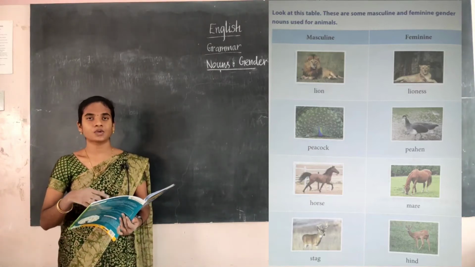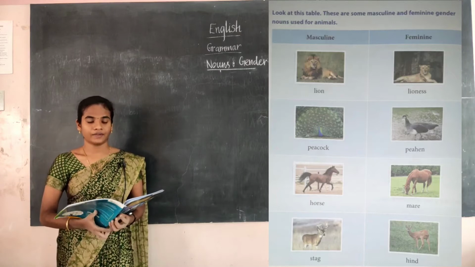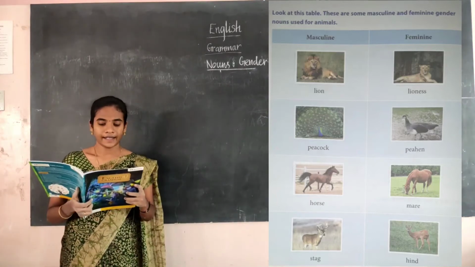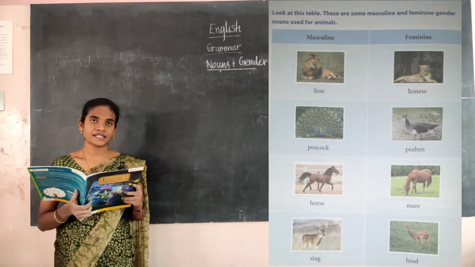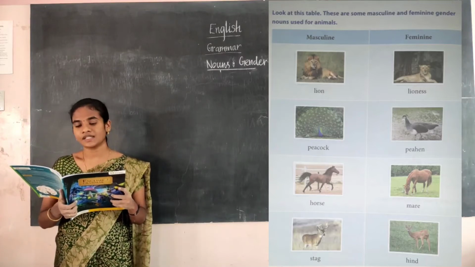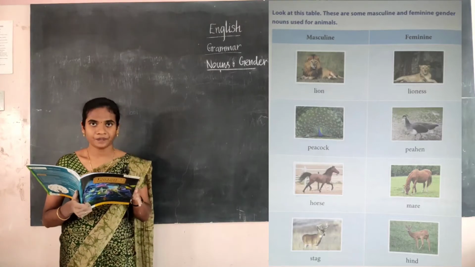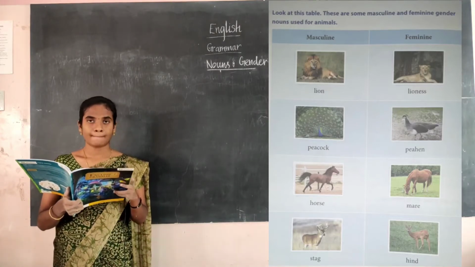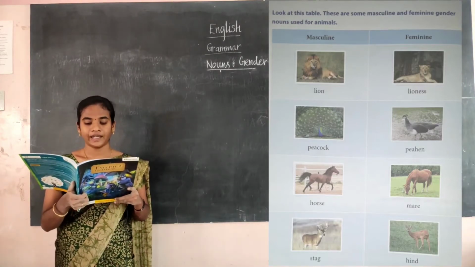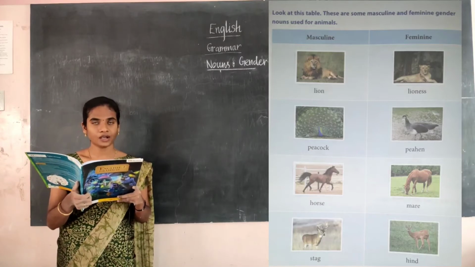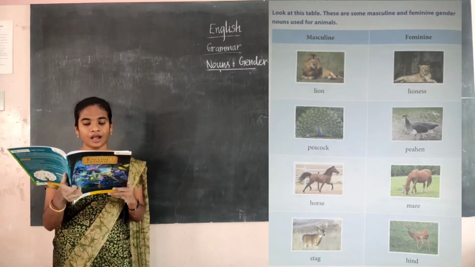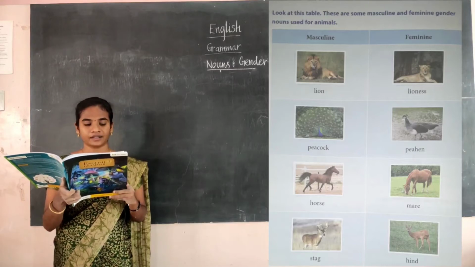The first column is the masculine, the second one is the feminine. Lion, lioness, peacock, peahen, horse, mare.